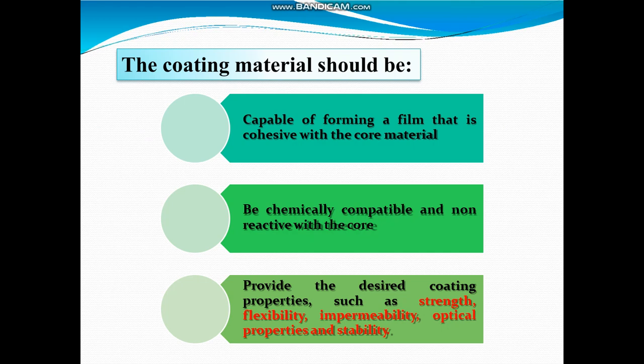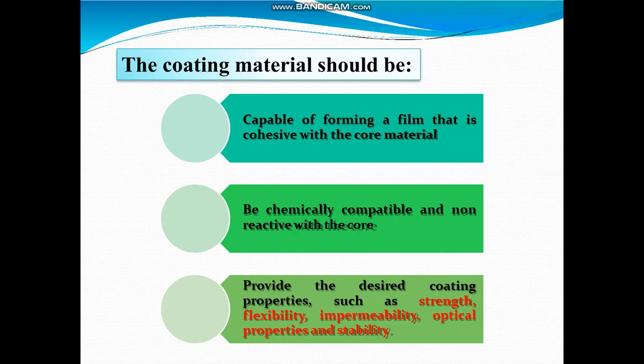Now there are some properties of the coating materials which are mentioned here. The first is that the coating material is capable of forming a film that is cohesive with the core material, meaning it is compatible with it.